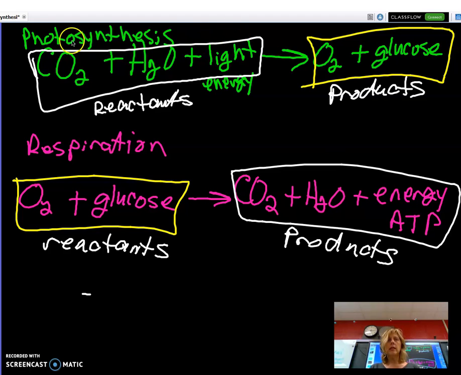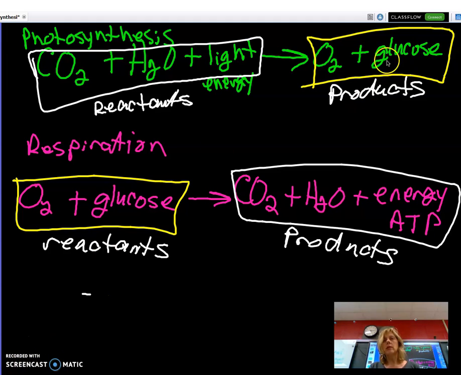But again, you can see these reactants are the same as the products in cellular respiration. The products in photosynthesis are essentially the same as the reactants that are going to be used up in cellular respiration, and that's an important connection.